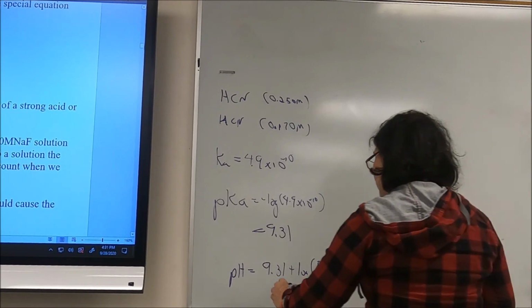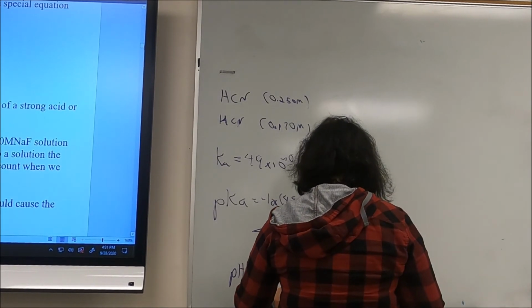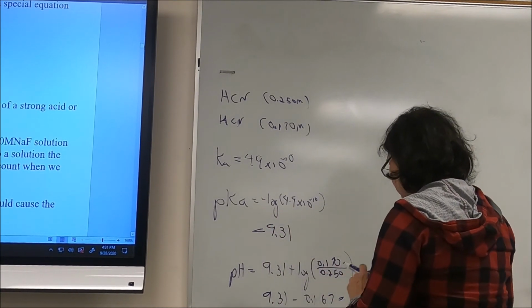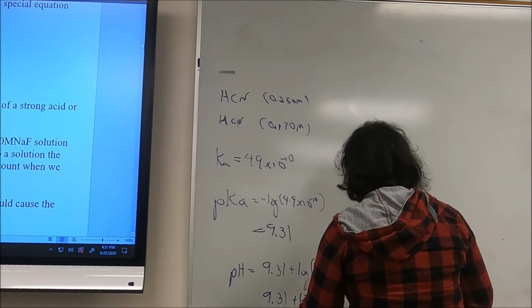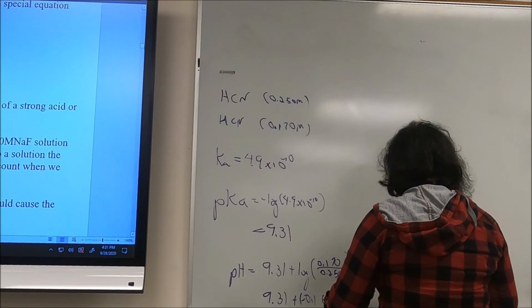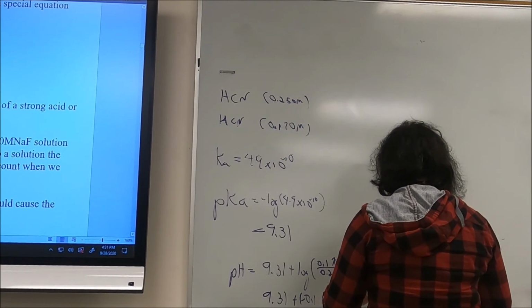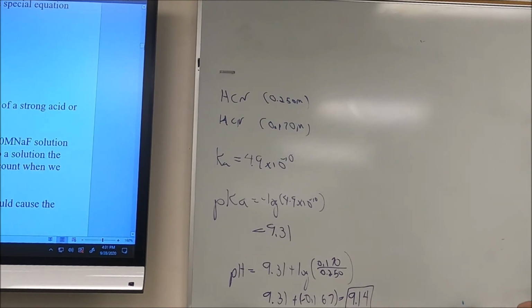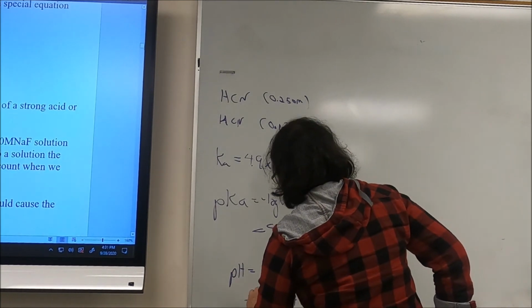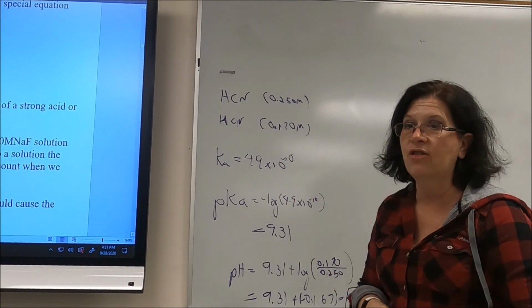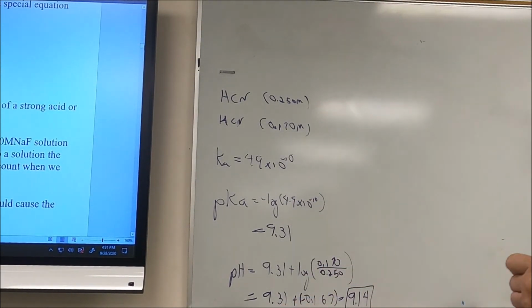Take the log of that. So I get 9.31 plus a minus 0.167. So I have a pH of 9.14. So this solution should have a pH of 9.14. I should expect it to be less than the pKa because I have a higher acid concentration than base concentration.